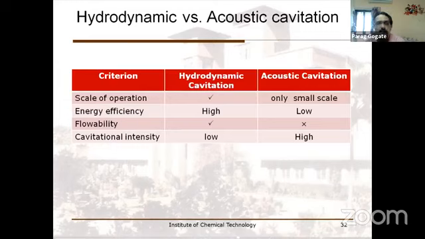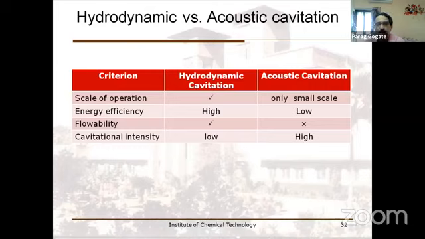Cavitational intensity definitely is on a lower side in the case of hydrodynamic cavitation, and acoustic cavitation is on a higher side. So there are some advantages definitely for hydrodynamic cavitation, except for the last one, which says that cavitational intensity will be lower in the case of hydrodynamic cavitation.